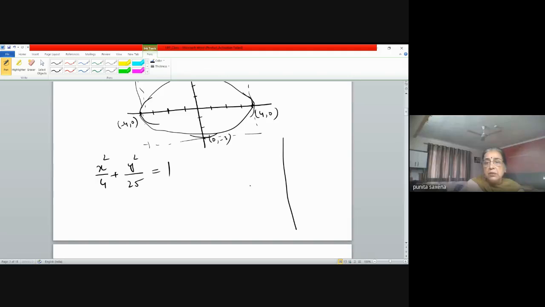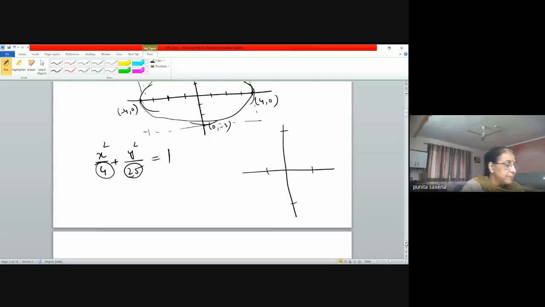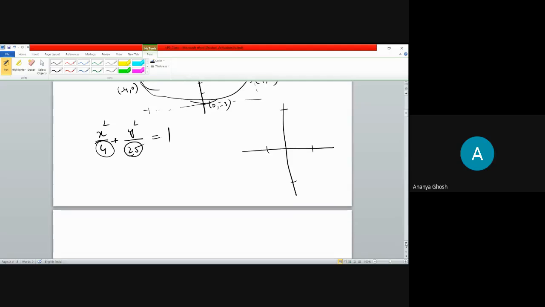So that means, because my b is 5 and my a is 2, we go 5 units up and down, 2 units left and right, and complete the box and draw an ellipse. Not a big deal. That's what I said. Ellipse is probably the easiest to sketch. कर लोगे अपने आप? Yes, ma'am.